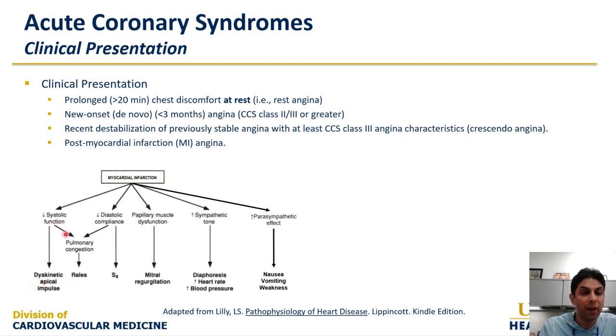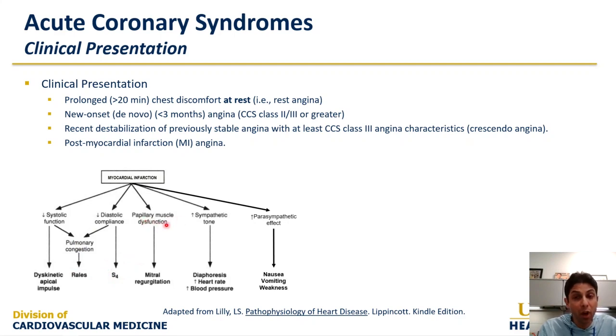This decrease in systolic function can also result in pulmonary congestion, and on exam, a patient may have rales or crackles. Again, a patient can have decreased compliance of the left ventricle that results in pulmonary congestion and crackles as well. This also can result in an S4 gallop.